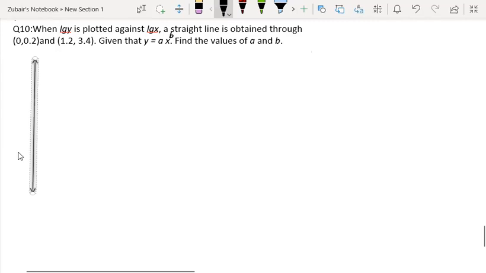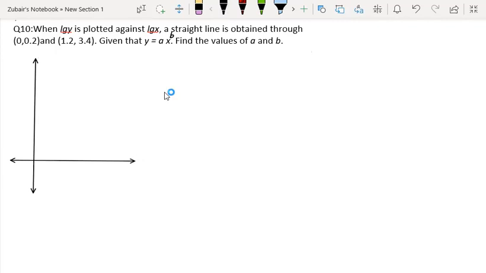So this is the y-axis, and then again the x-axis. This is 0, and lg y is plotted against lg x. So lg y should be here, lg x should be here.